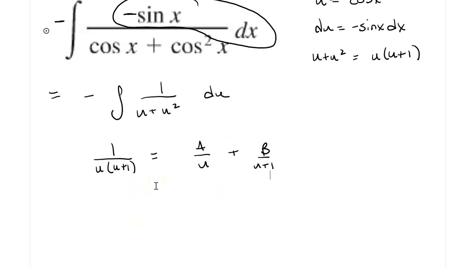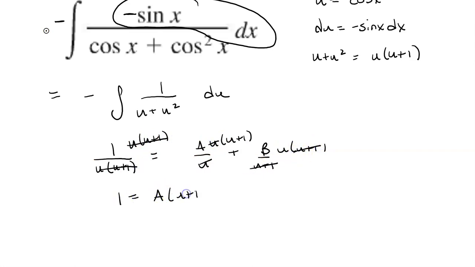I would multiply through by u times u plus 1, just like I've done before, to cancel what cancels. I get 1 equals a times u plus 1 plus bu.